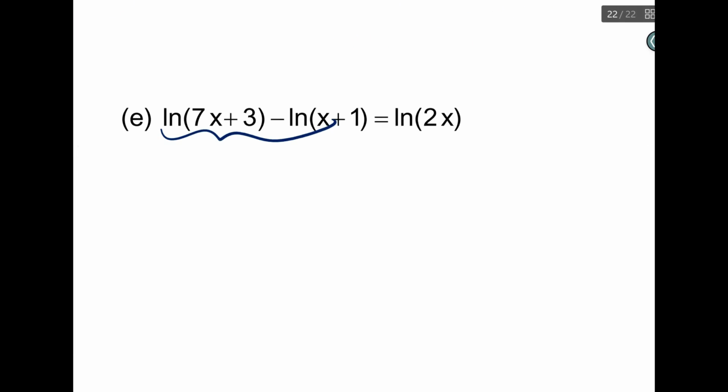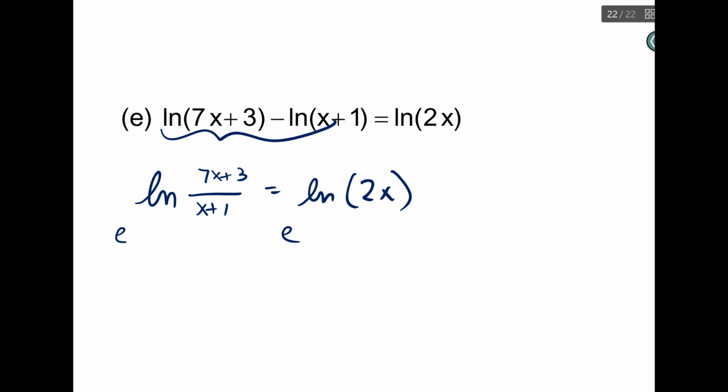I can rewrite this left side as ln of (7x plus 3) over (x plus 1), and that's going to equal ln of 2x. All right, raise each side to the e, so that goes away. So I have (7x plus 3) over (x plus 1) is going to equal 2x.